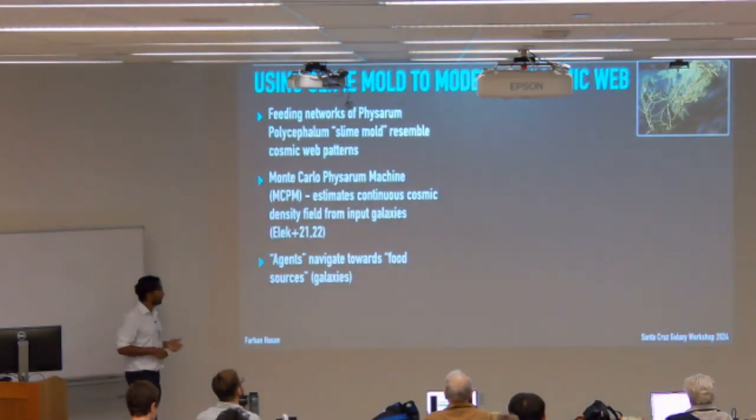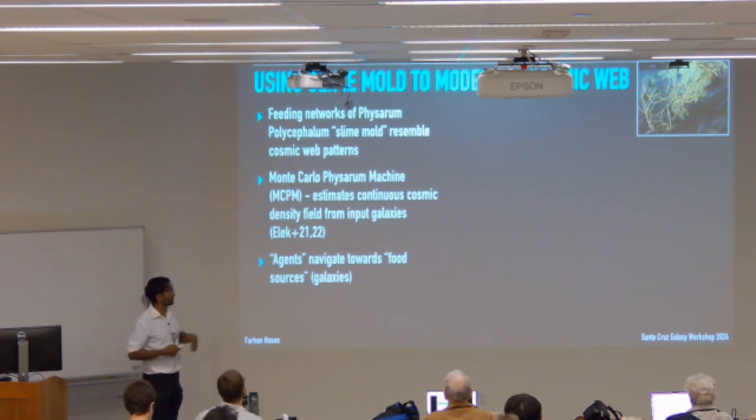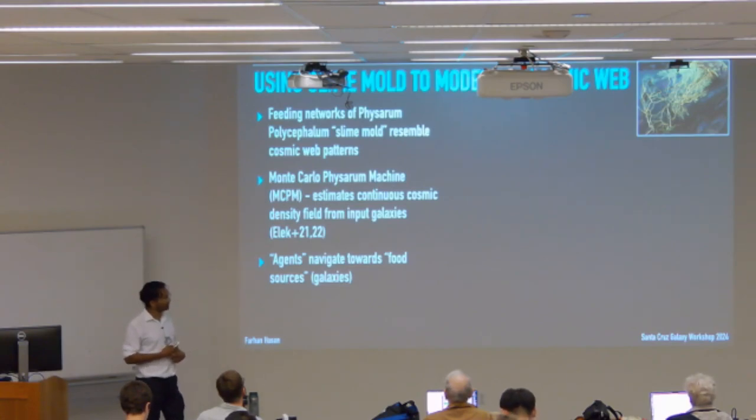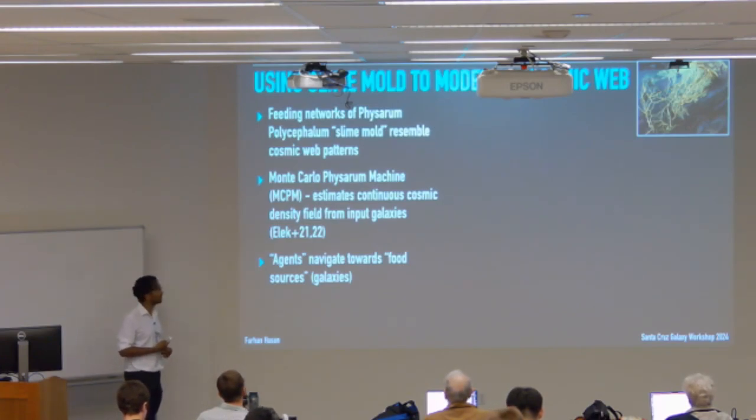But the approach that our group has been adopting is slightly different. So this is where the slime mold comes in, right? This is taking inspiration from right here on Earth, and it is known that these unicellular organisms called slime mold can mold themselves into interesting and complex patterns that resemble the cosmic web.